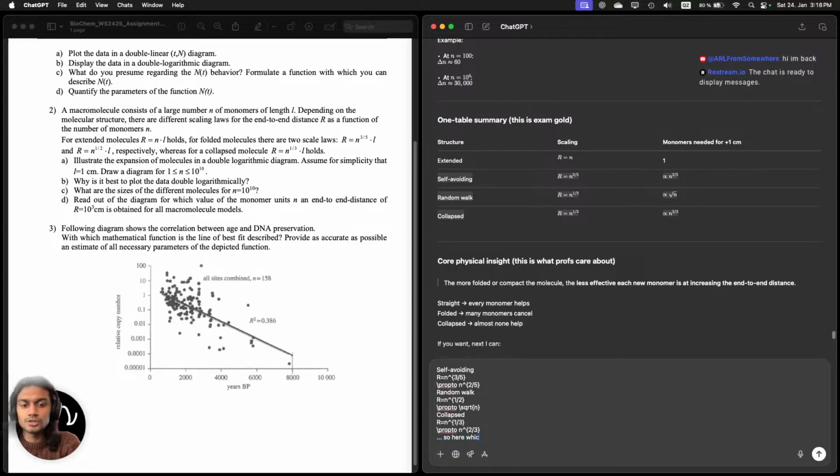So here, which is more preferred? Which of these makes the least number of monomers for R to increase by L length?